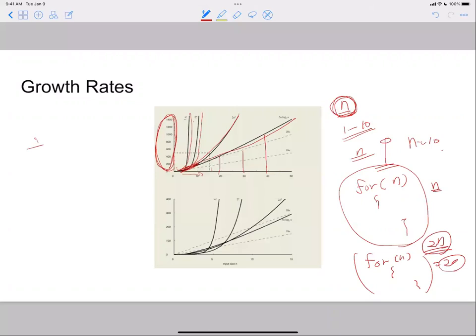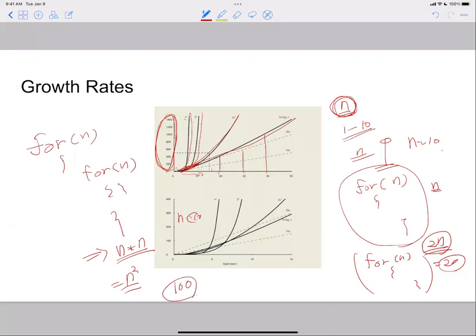But if you have a nested for loop, then what's the complexity of this case? That case is n multiplied by n, that means n squared, right? So if your problem size n is 10, then it will be 100 iterations, not 20 iterations.